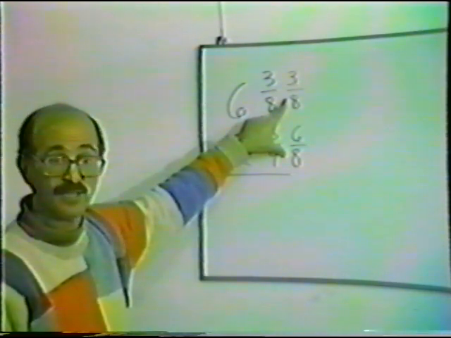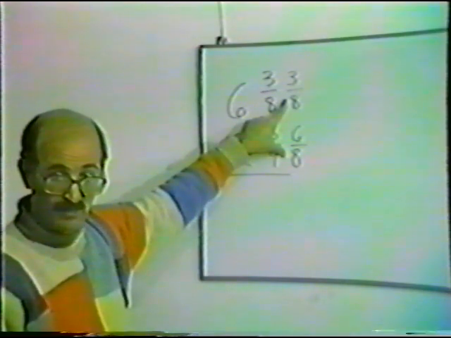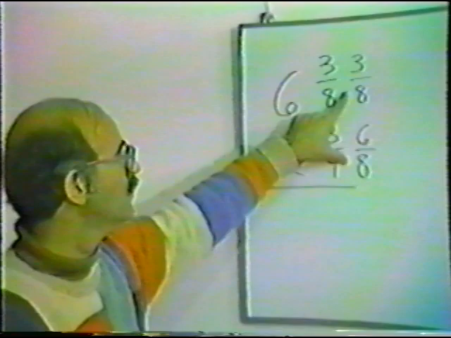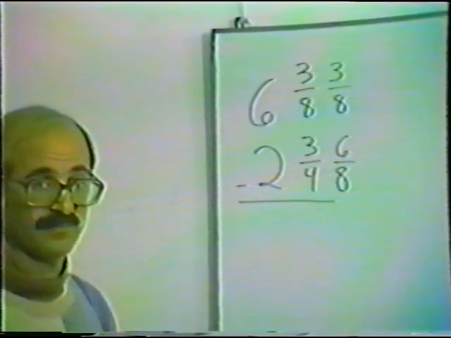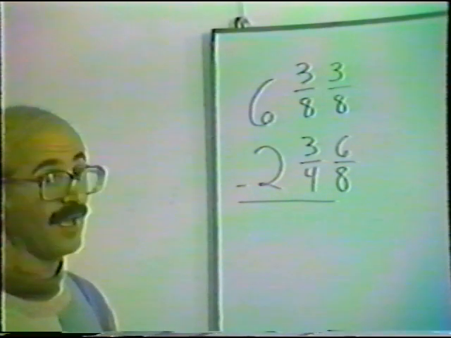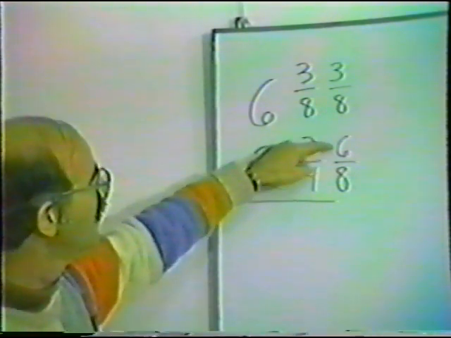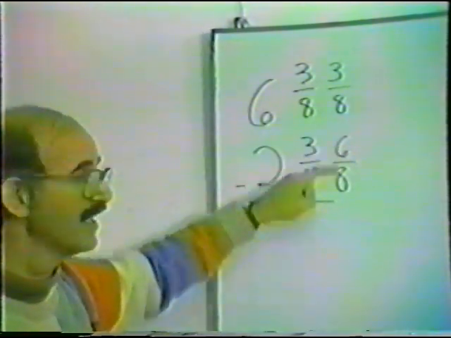You cannot tell if you have to borrow until they are like fractions. First, you make them like fractions. We did that. 3 take away 6. 3 can't do. Remember, it's not 6 take away 3, but it's 3 take away 6.